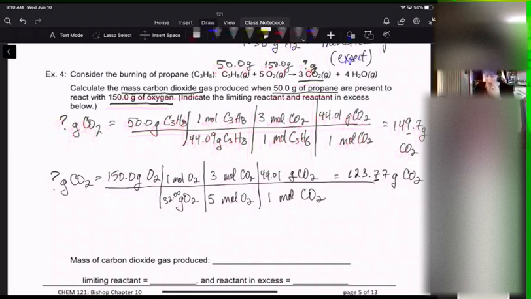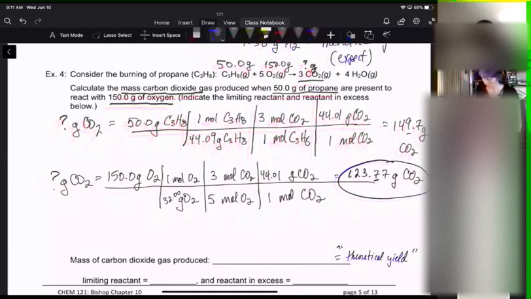All right, how do we decide which one's the correct answer for the theoretical yield? We're going to pick the smaller amount. We know from those starting materials, from those 2 calculations, we only expect 123.8 grams of CO2 to be produced.